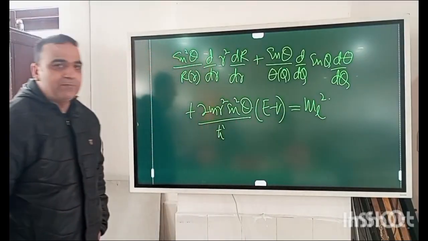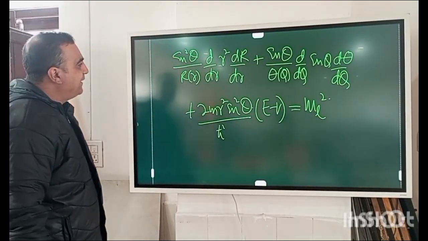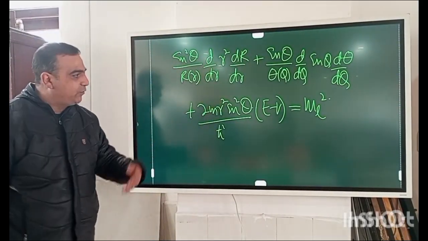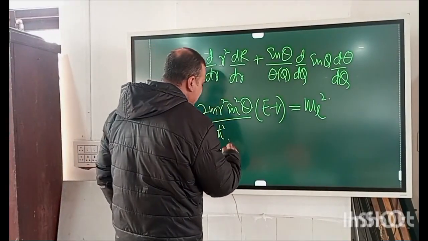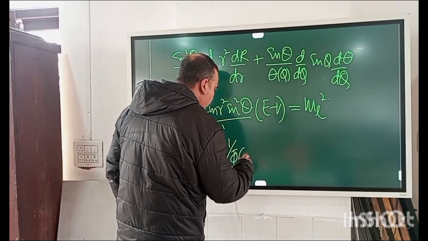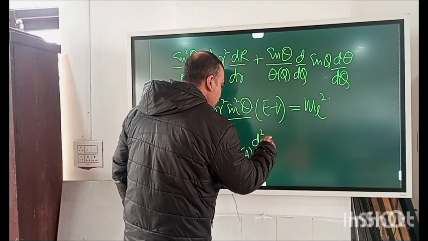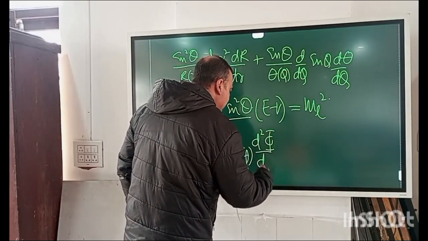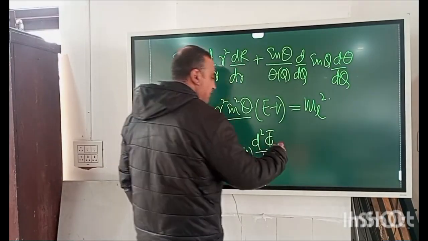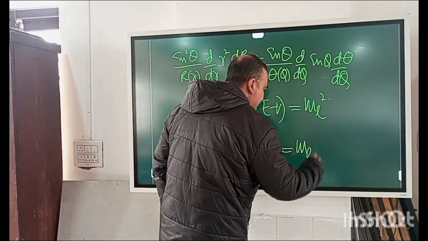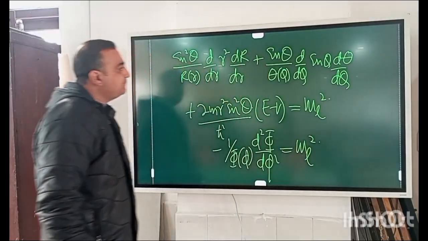So this frames our one equation. The other side, which is minus 1 by Φ(φ) d²Φ/dφ², must also be equal to ml squared.